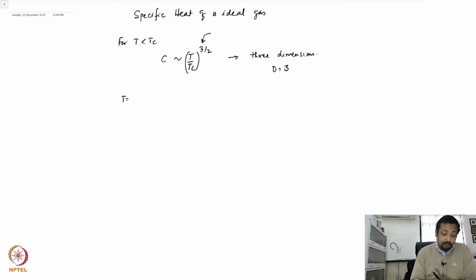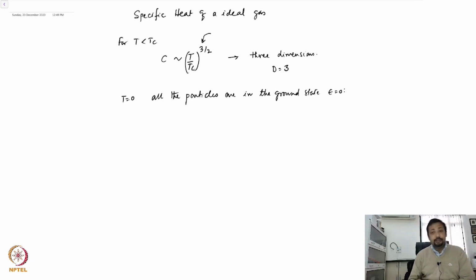Strictly at T equal to 0, all the particles are in the ground state with epsilon equal to 0, and as you see, therefore the specific heat vanishes at T equal to 0.